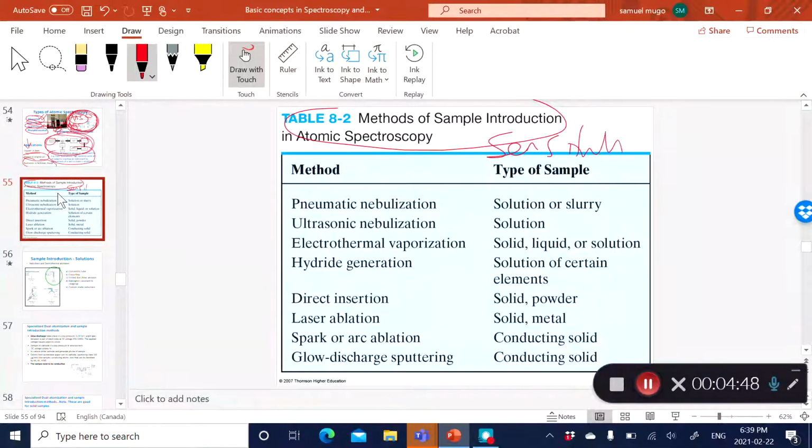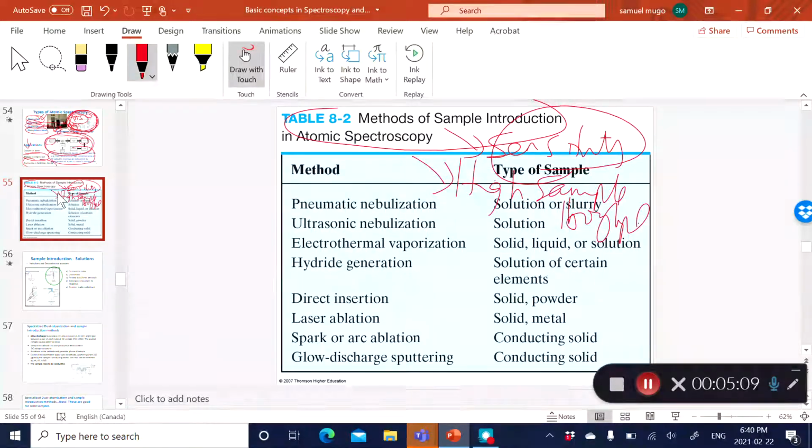The method of sample introduction that you use highly impacts your sensitivity, but also things like sample throughput, how many samples can you run in a minute? Again, the sample introduction technique determines sample throughput, how rapidly you can run the samples that you have.